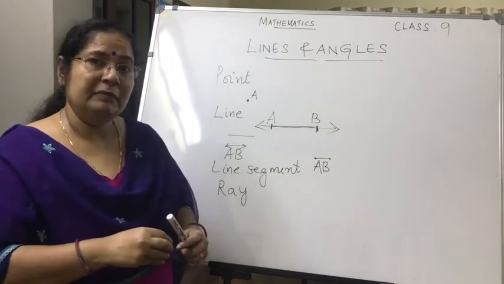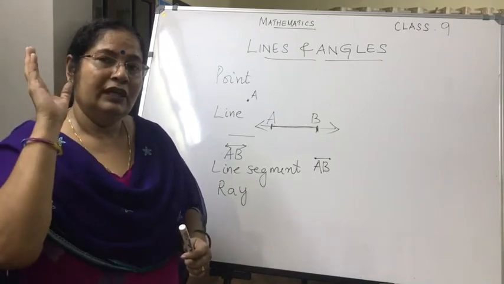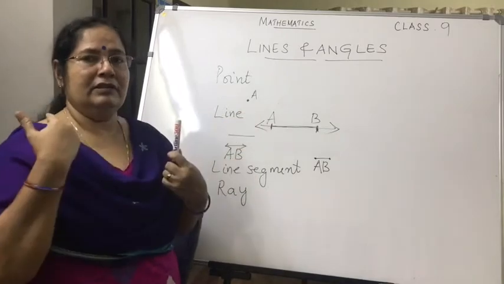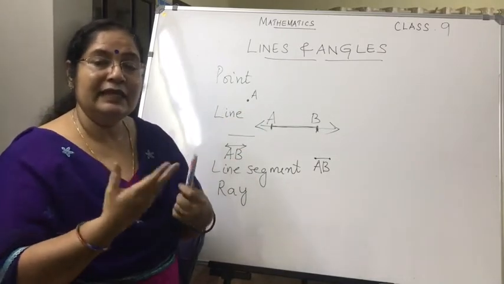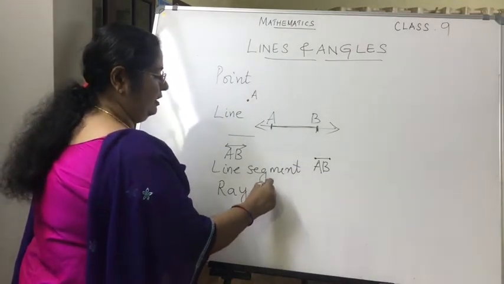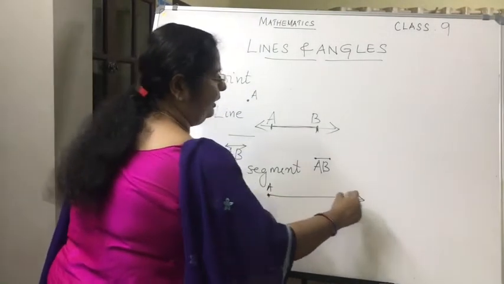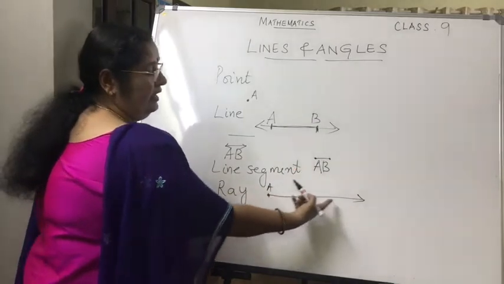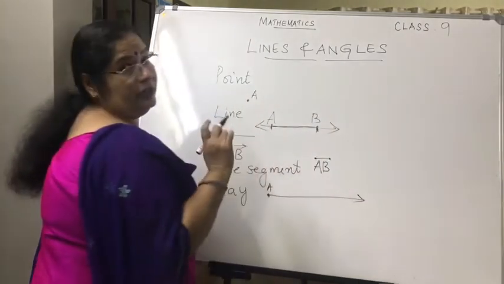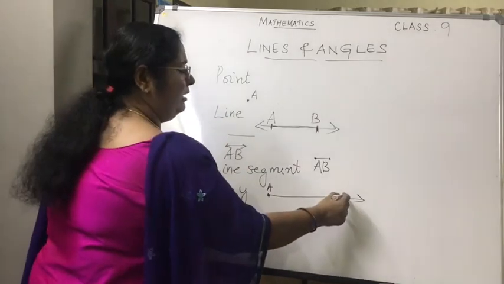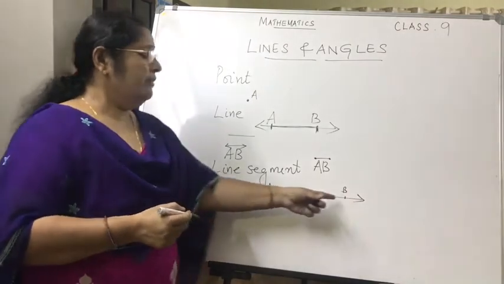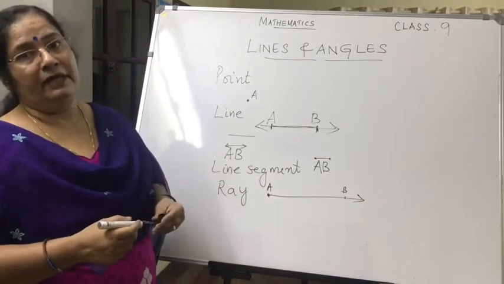You start from a particular point and go infinitely in one direction, and that gives you a ray. For example, you start from point A and move in this direction. That is why I have given this arrowhead. It indicates that it is moving infinitely in this direction. Take any other point over here, B. This will represent the ray AB.